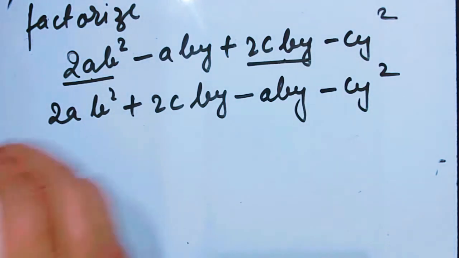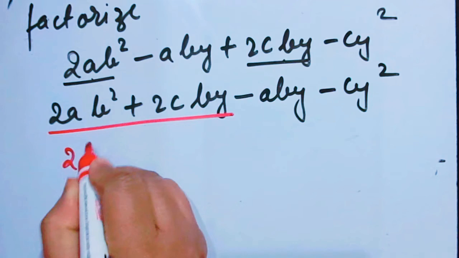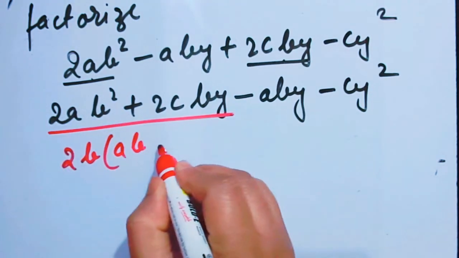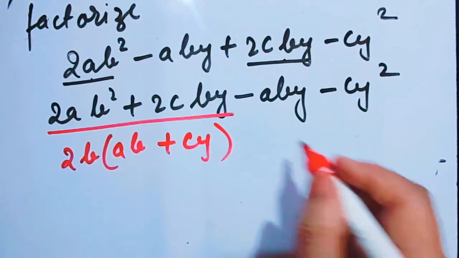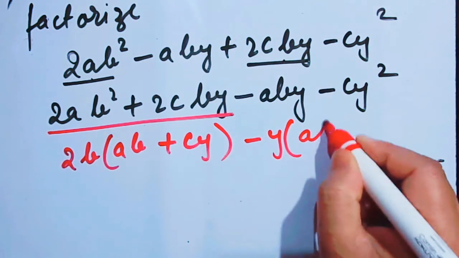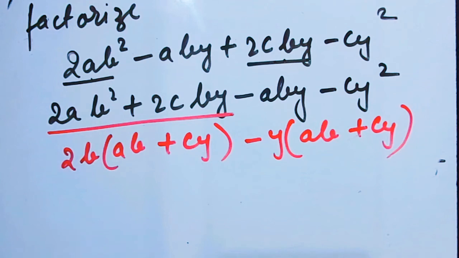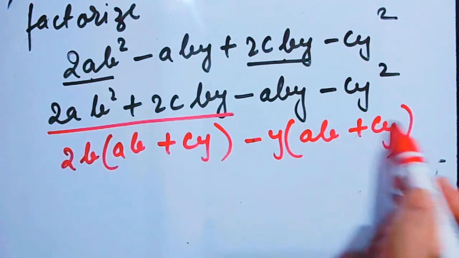Let us see. If I take 2B common from these two, I am going to get AB plus CY. Similarly, here if I take minus Y as common, I'll get AB plus CY, because if you are taking minus over here, the sign inside the bracket changes.